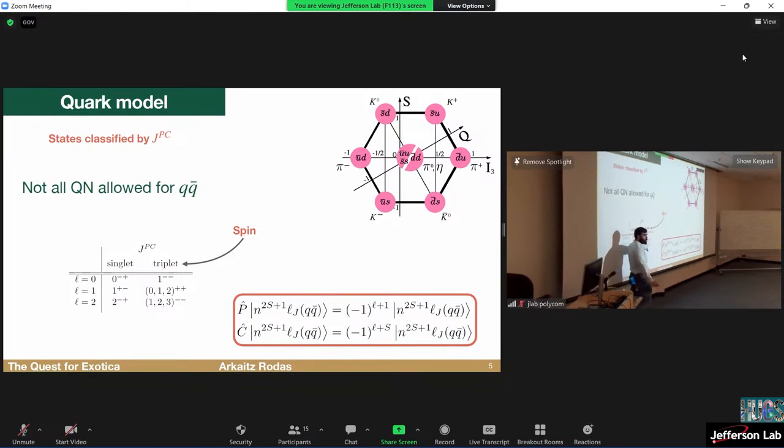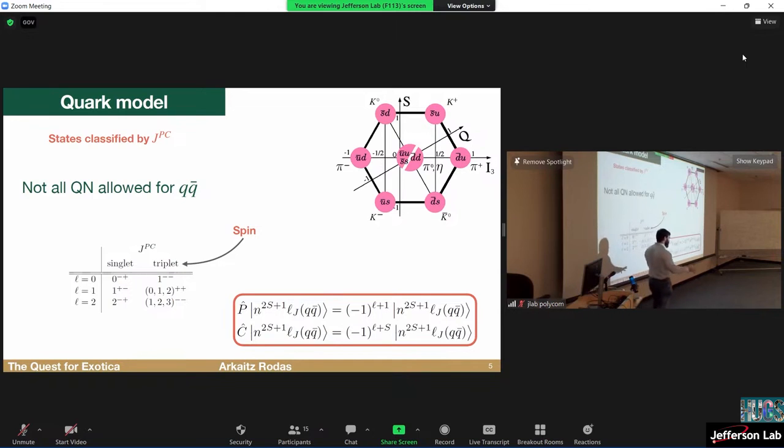So what is it? What is it made of? Well, certainly not quark anti-quark. Can somebody tell me what is a 1^-+ object? How do we call them? Yeah. A hybrid meson. We will see what a hybrid meson is.